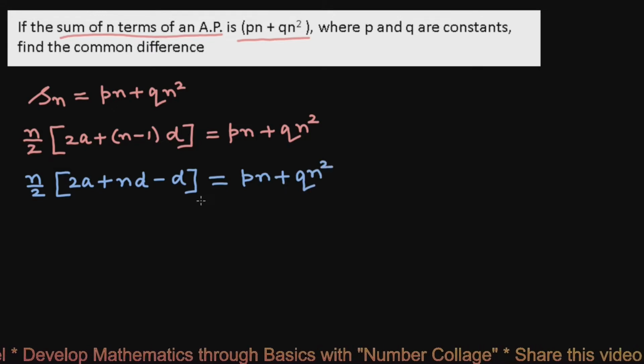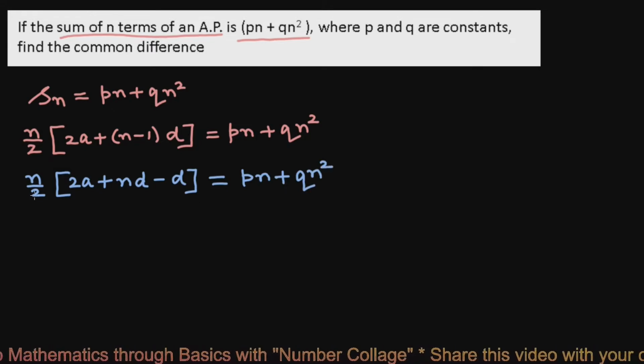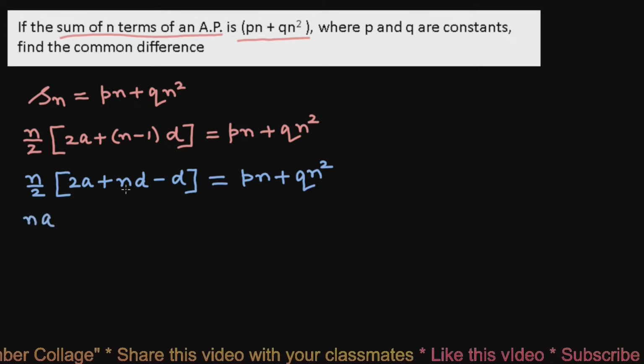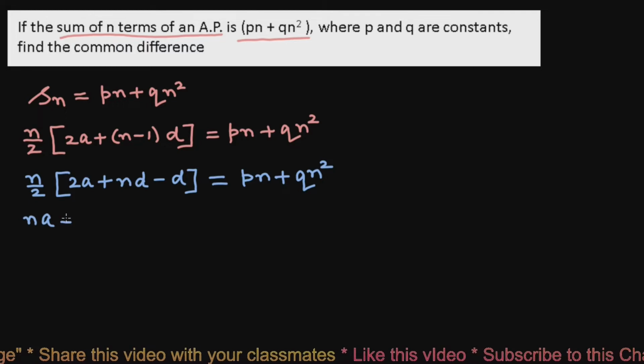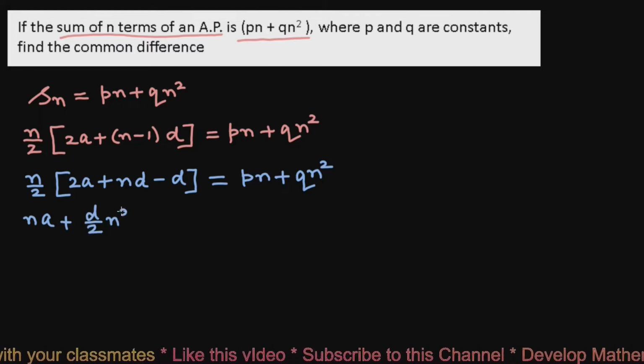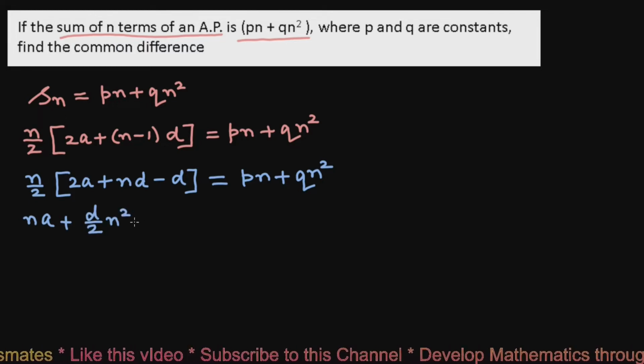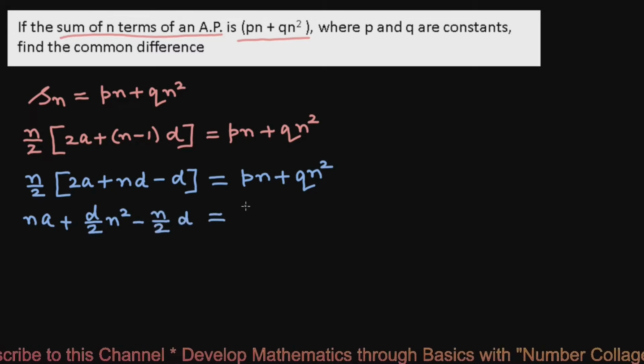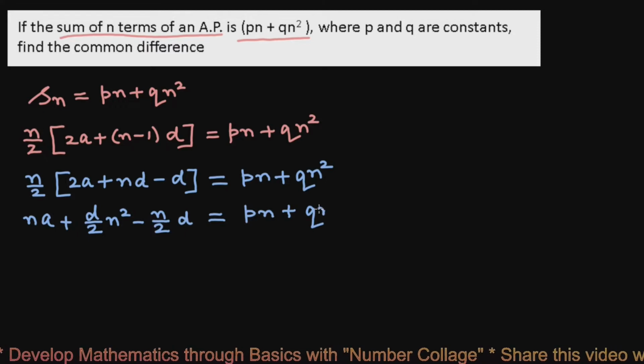We will open the bracket. That gives n by 2 multiplied by 2a will be na, n by 2 multiplied by nd will be d by 2 n squared, n by 2 multiplied by minus d will be minus n by 2 d, equals Pn plus Qn square.